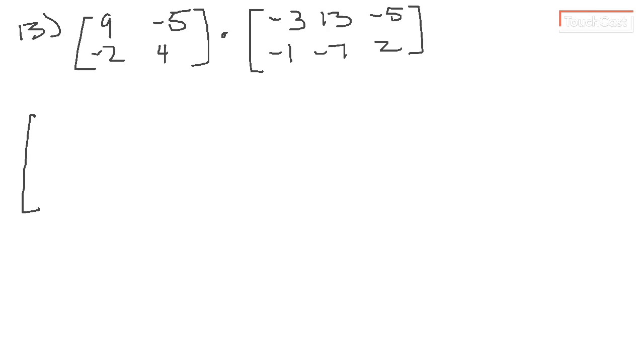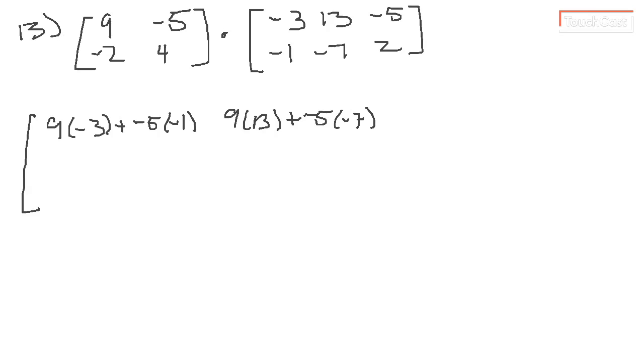So, we're going to have 9 times -3 plus -5 times -1 in the first element. In the second, we're going to have 9 times 13 plus -5 times -7. And then in the third element in the first row, we're going to have 9 times -5 plus -5 times 2.